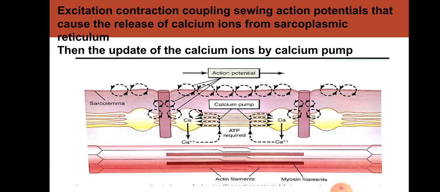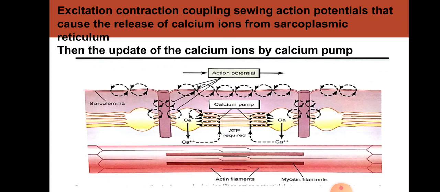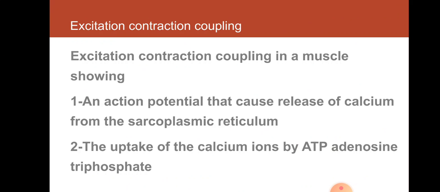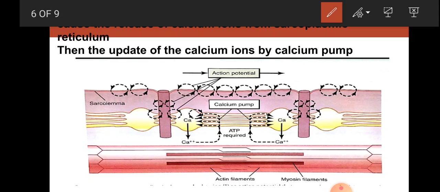Excitation-contraction coupling showing an action potential that causes the release of calcium ions from the sarcoplasmic reticulum, then uptake of the calcium ions by the calcium pump. This is the sarcolemma.